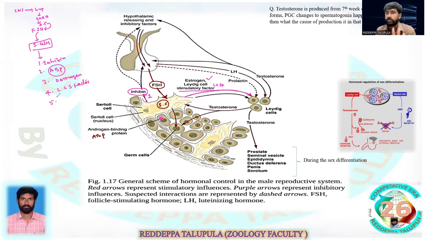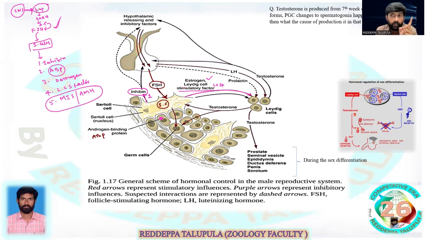During the early stage, that means at the time of the 7th week of gestation, these Sertoli cells also produce Mullerian inhibiting substance or anti-Mullerian hormone. But it is not due to the function of FSH. Because, as I already mentioned, only at the time of puberty does the central nervous system give the signal to the hypothalamus.